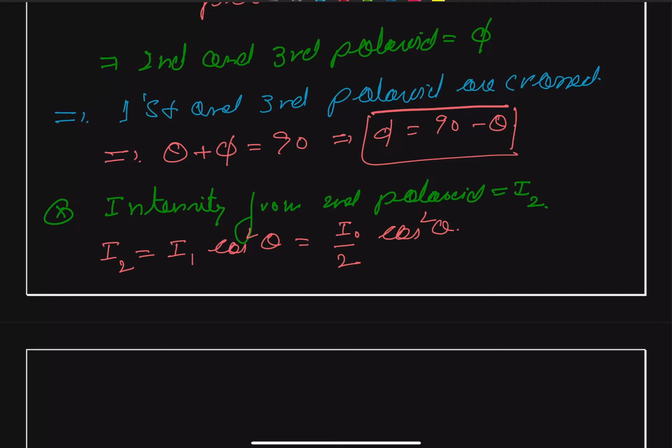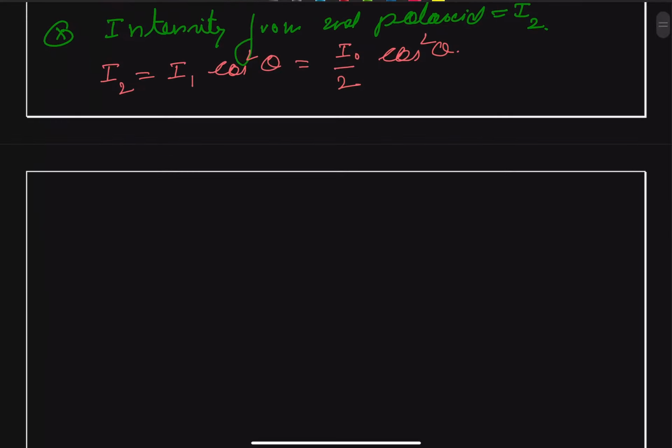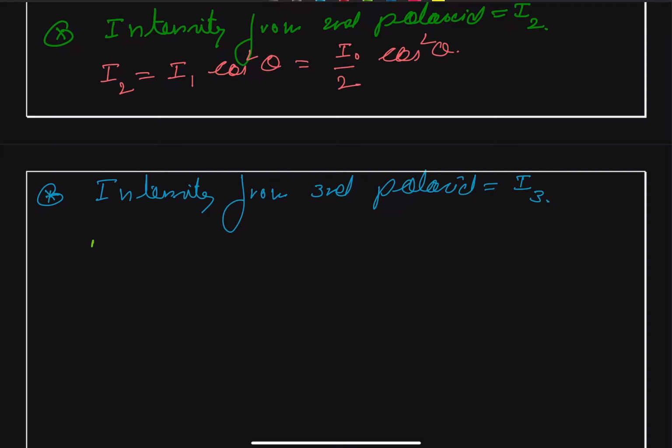And if I3 is the intensity from the third polaroid, therefore we can write I3 in terms of I2. We can say that our I3 will be equal to I2 cos square of phi.